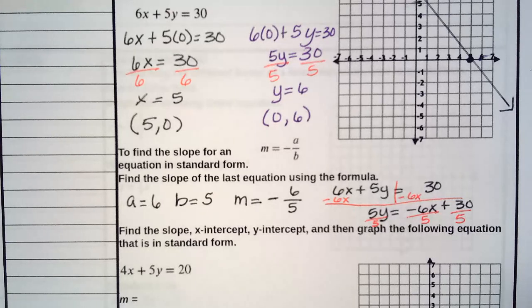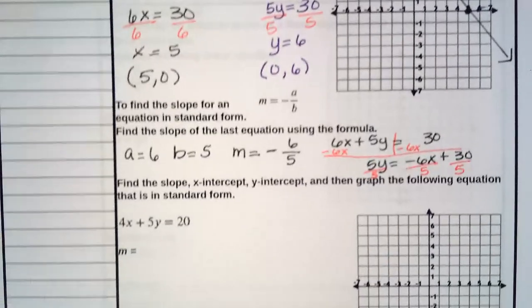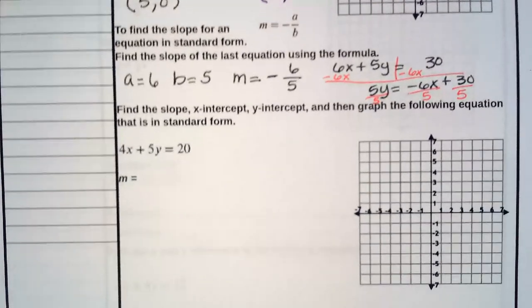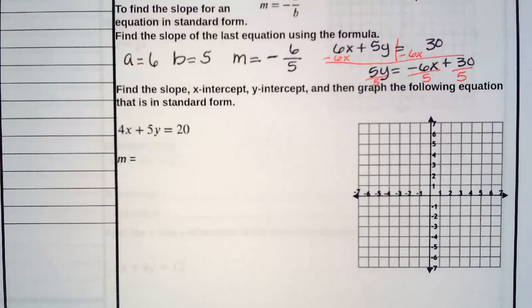Okay, so for the next one, you're going to find the slope, the x-intercept, the y-intercept, and graph the following equation that's in standard form. So pause your video and see if you can do those 4 tasks.